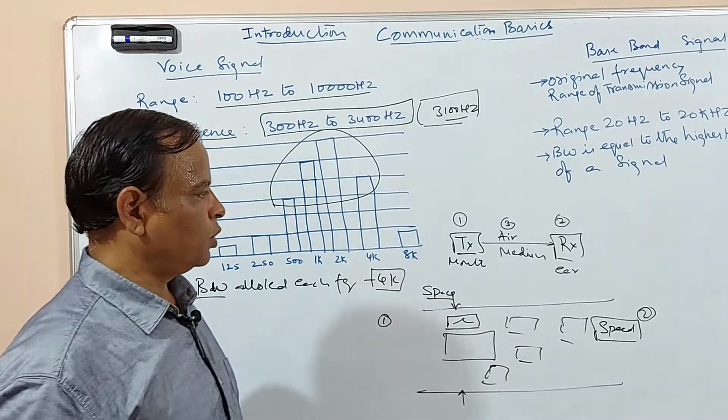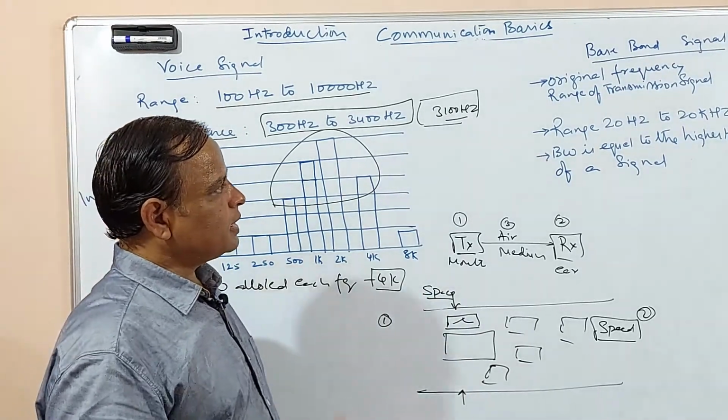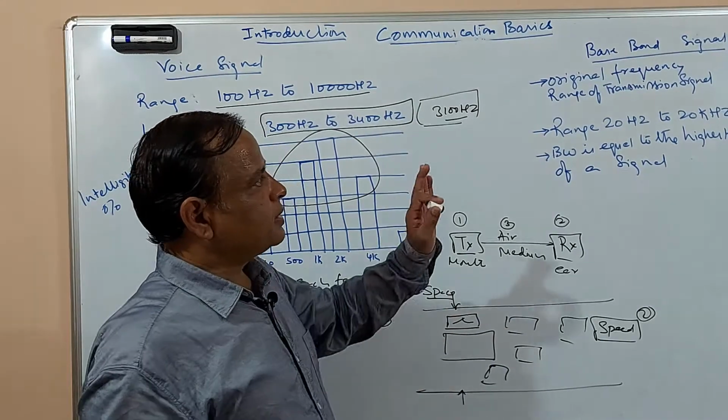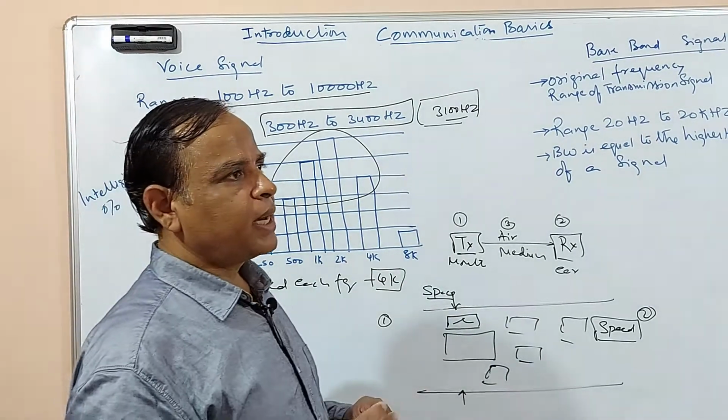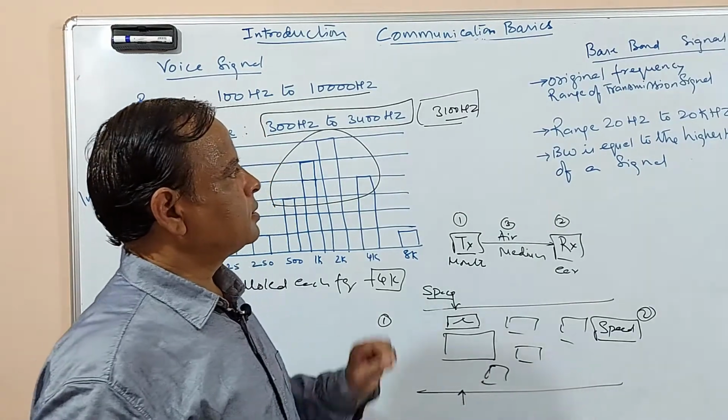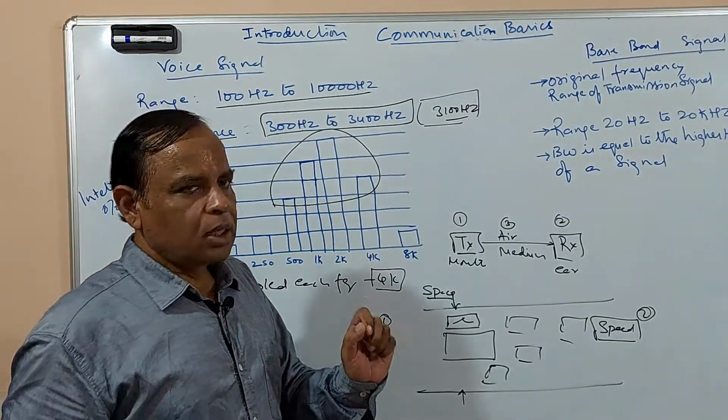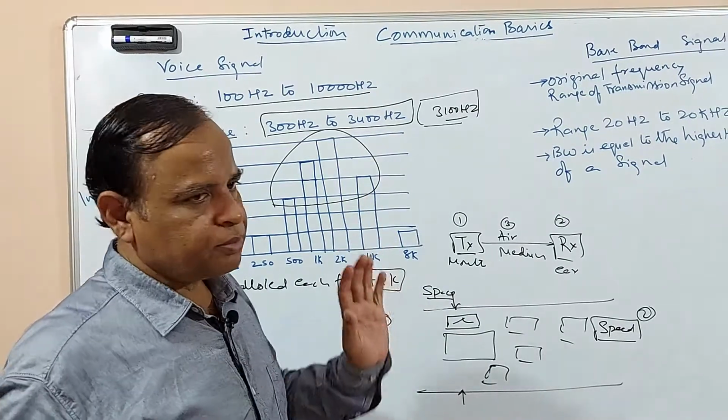Next, another thing you have to understand is the baseband signal. What is a baseband signal? A baseband signal is nothing but the original frequency range of the transmission signal.